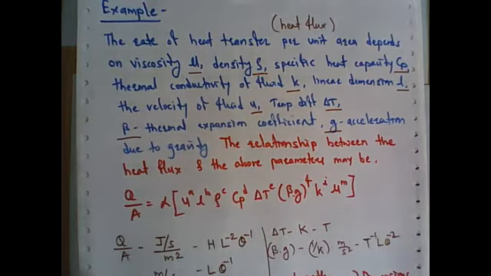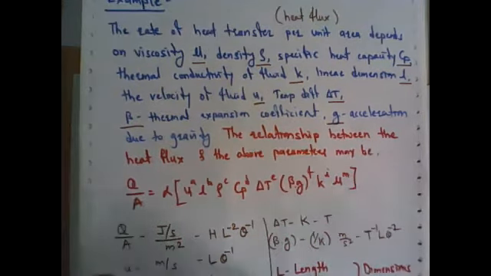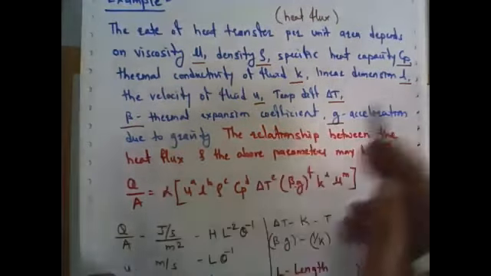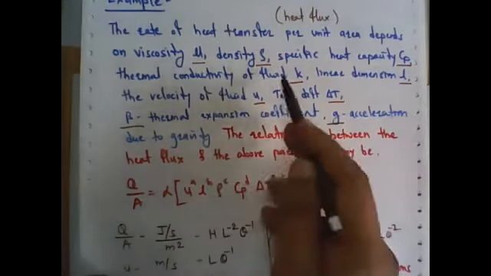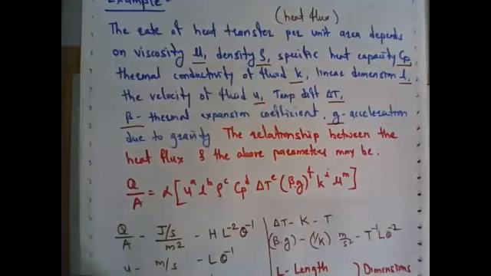So in this case, the heat flux depends on these variables, that may be mu, density, Cp, K, L, u, delta T, beta, g, etc.